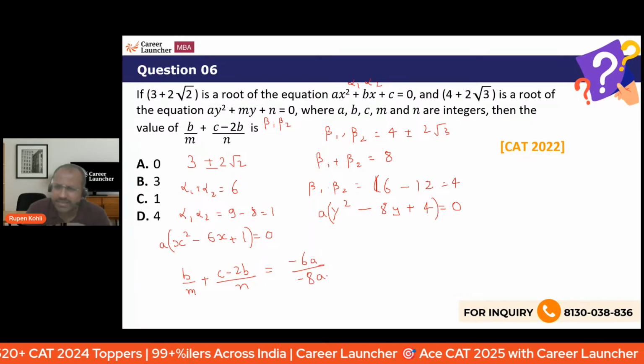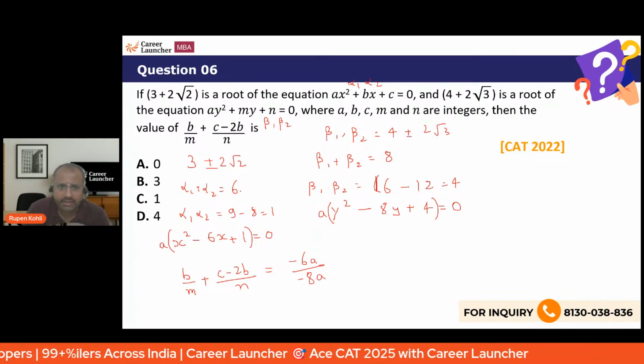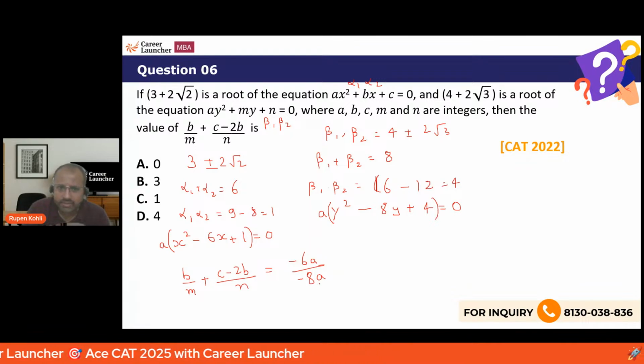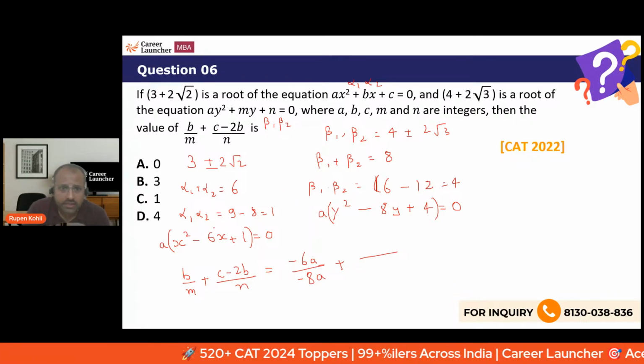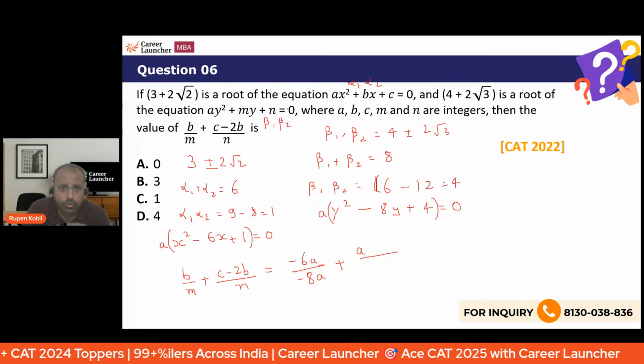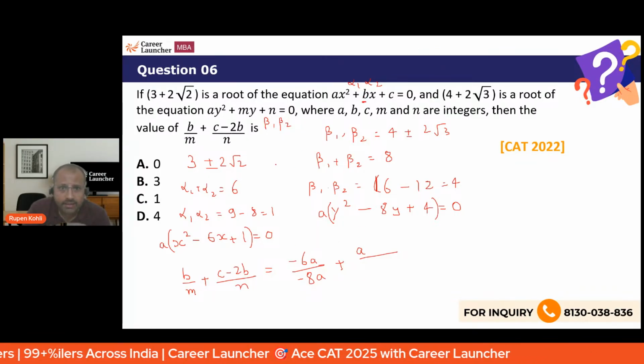So this a is basically cancelling off. It's a ratio, it's a fraction that we are finding. This a will cancel off. We are left with a constant number, right? This is 3 by 4. Plus for the next term, c. What is c? C is the constant term of the first equation, which is simply a. Minus 2b. Again, b is minus 6a.